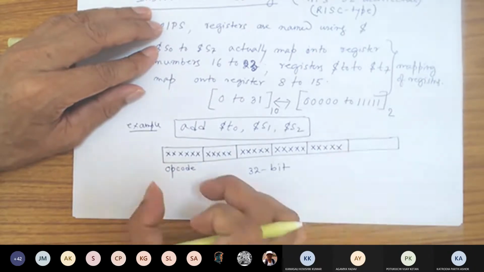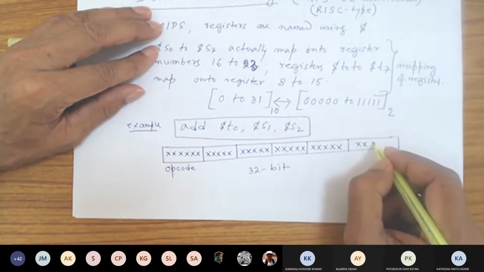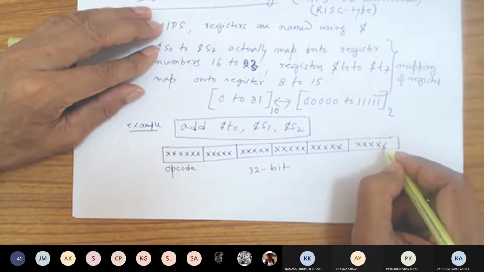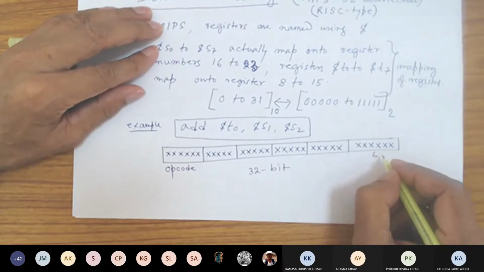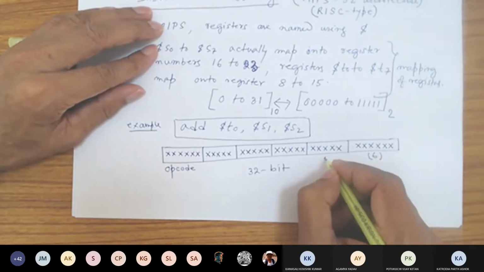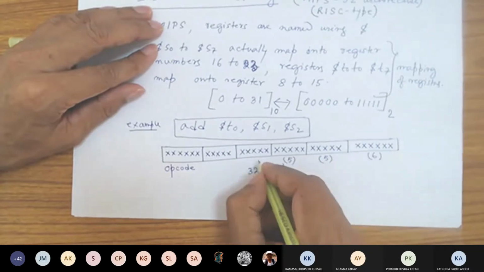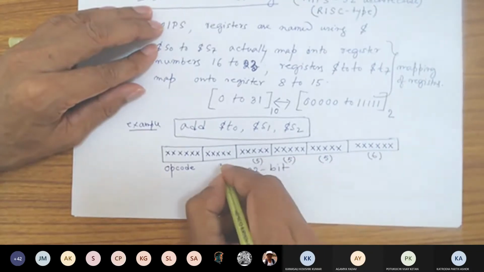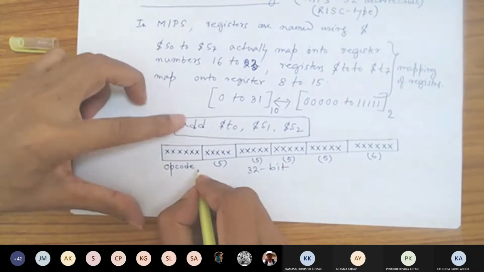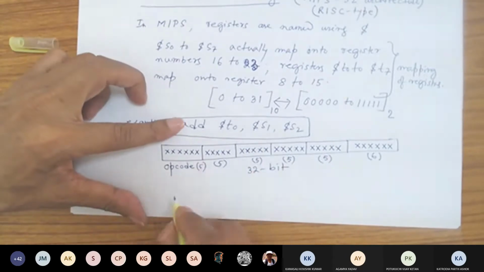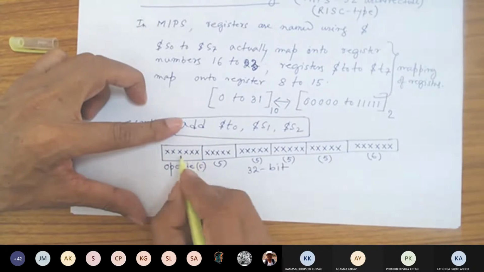So 20 plus 6, 26, plus 6 is 32. The opcode is 6 bits. Now this field is fixed.